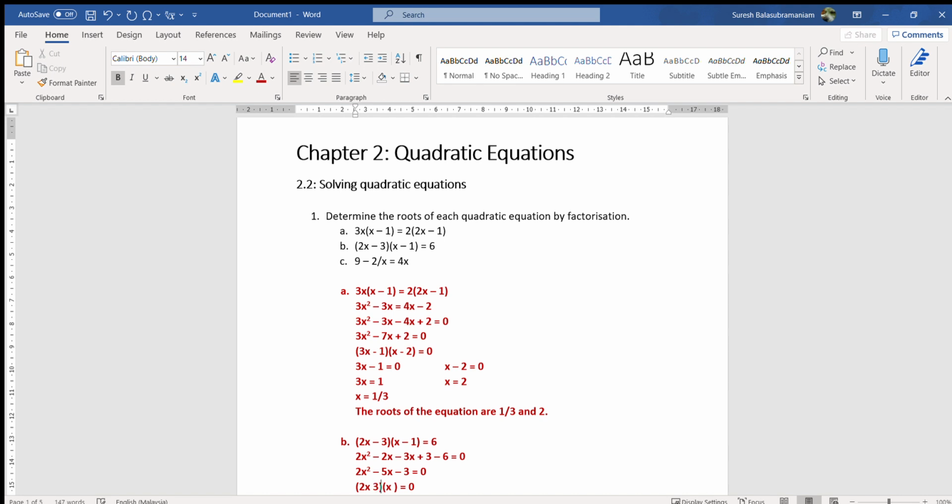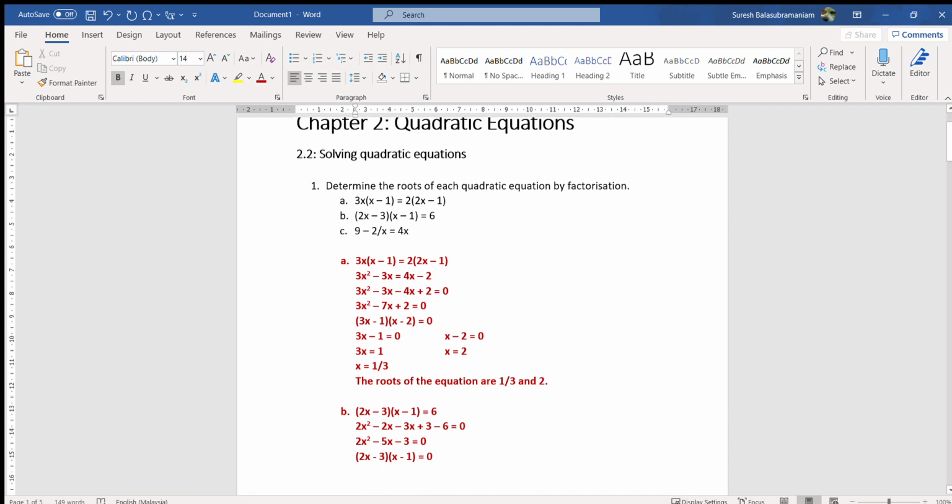I'll put my 3 here, my 1 here. It's trial and error. In the center, we need to have negative 5x. So 2x needs to be multiplied with negative 1, and becomes negative 2x, and here we need to get negative 3x, so also negative 3.